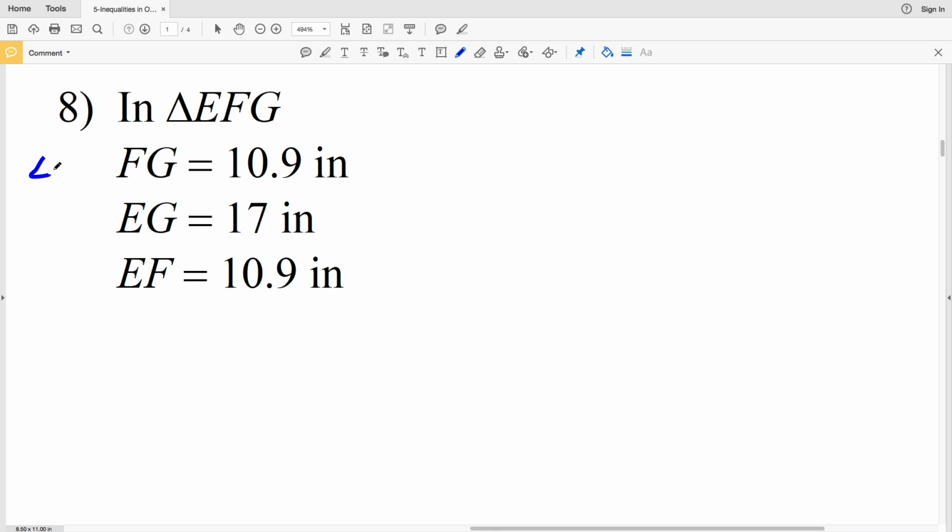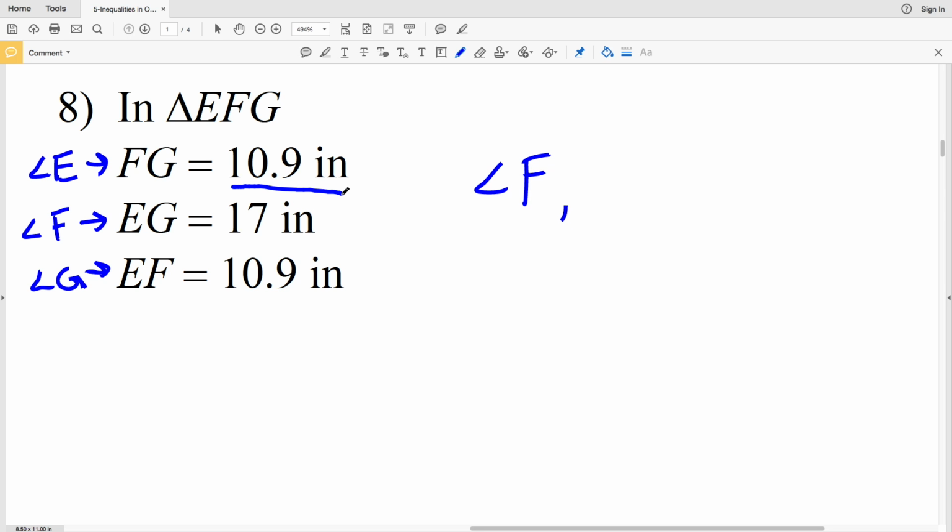So angle E is directly across from side FG. Angle F is directly across from side EG, and angle G is directly across from side EF. So our largest side is 17 inches long, which is side EG. Therefore, angle F is our largest angle.